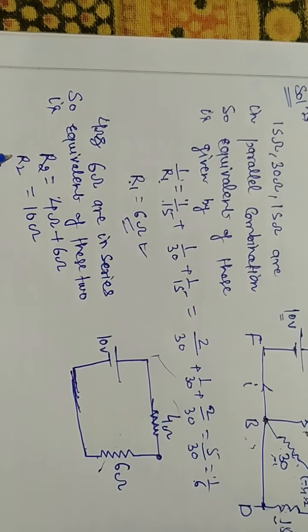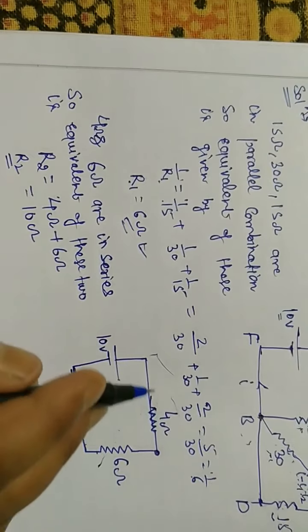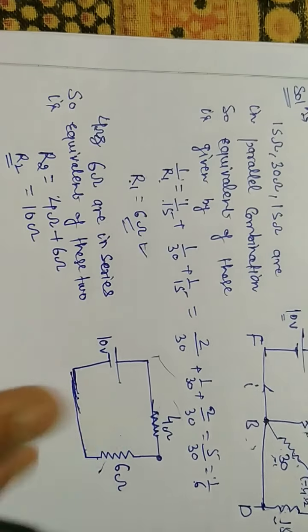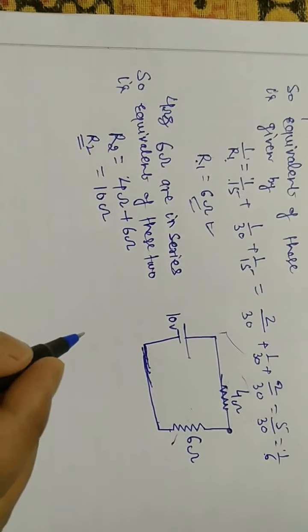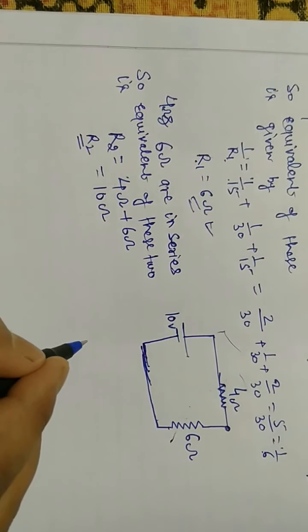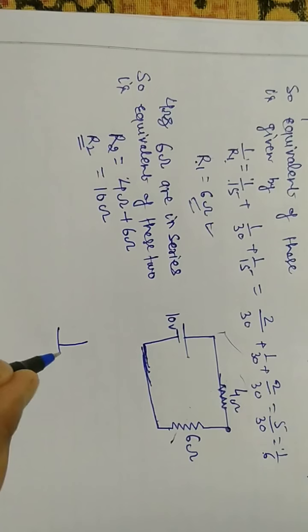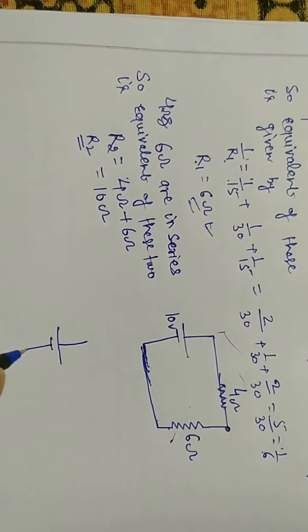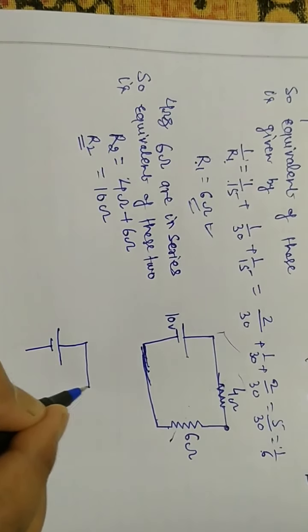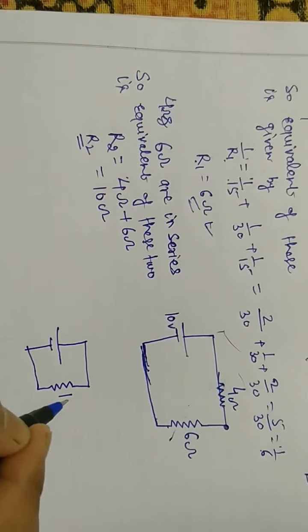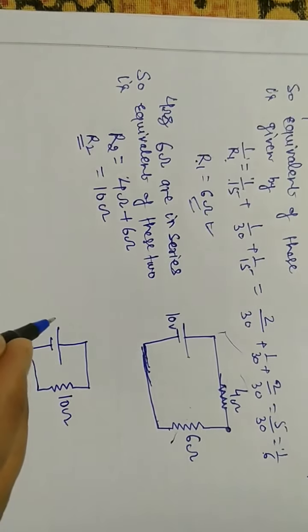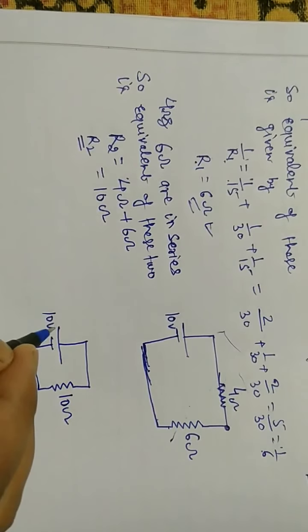It means this R2 is the net resistance of this whole circuit. Okay, so you can again get a circuit like this, which contains a battery and only one resistance in the place of these two, which is the equivalent of the two, and this one is 10 volt.